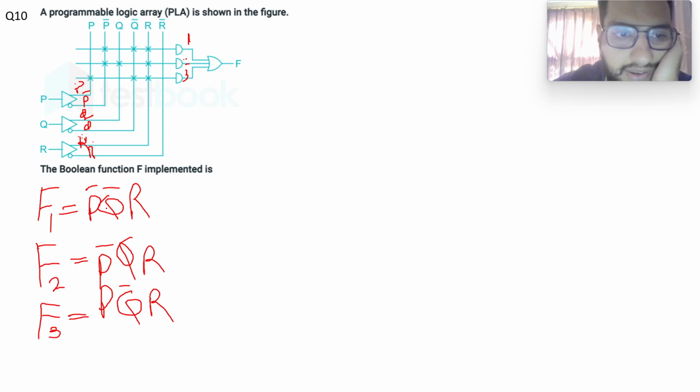So we'll check it again. F1 is equal to P bar Q bar R, F2 is equal to P bar Q R, F3 is equal to P Q bar R.